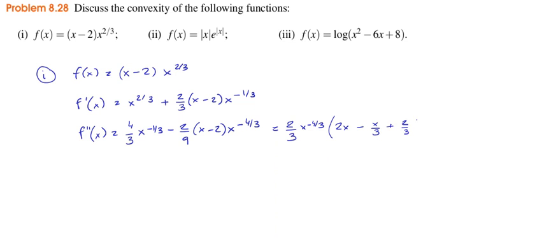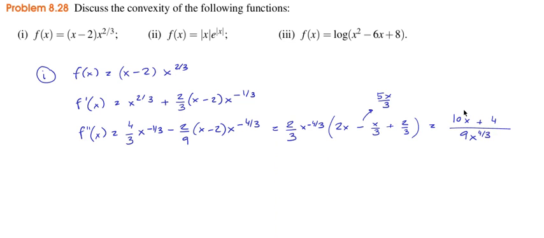Then this is 6 minus 5x over 3. So what we can get here is 1 over 9x to the 4/3, and then 2 times 10x plus 4, if I'm correct.